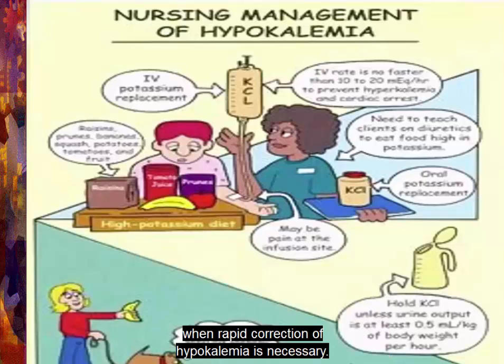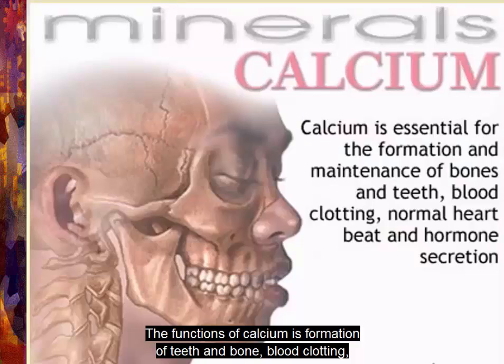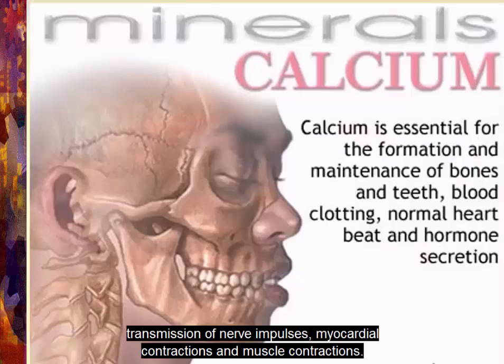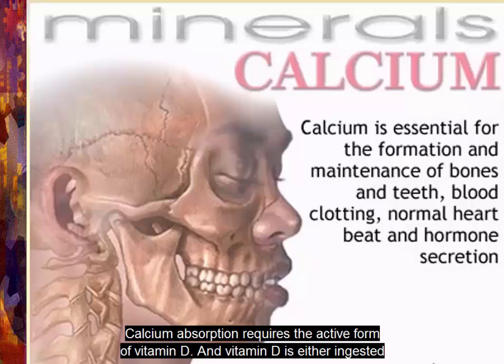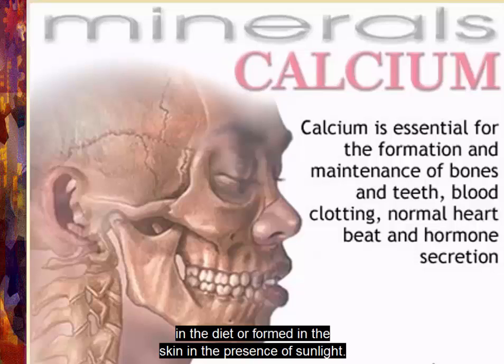The functions of calcium are formation of teeth and bone, blood clotting, transmission of nerve impulses, myocardial contractions, and muscle contractions. Calcium absorption requires the active form of vitamin D, and vitamin D is either ingested in the diet or formed in the skin in the presence of sunlight.